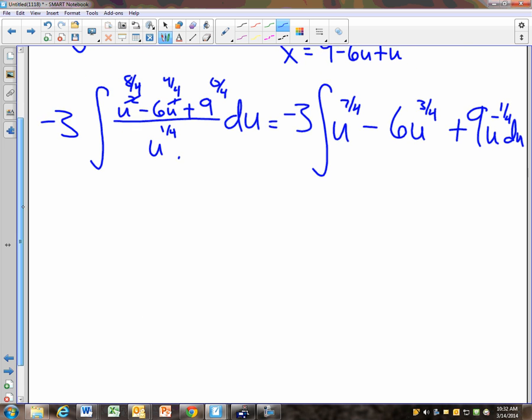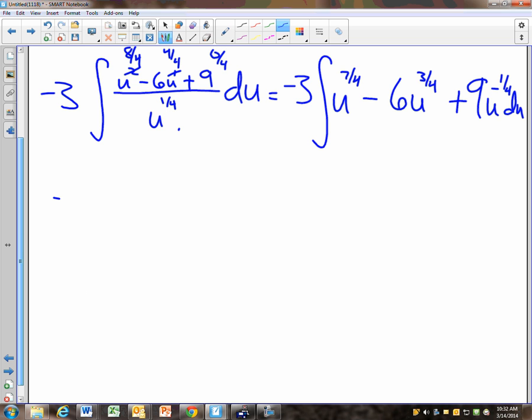Oh boy, holy cow. This is going to be a mess. Negative 3 times u to the 7/4. Add 1, you get 11/4. U to the 11/4 divided by 11/4, or multiplied by 4 over 11.